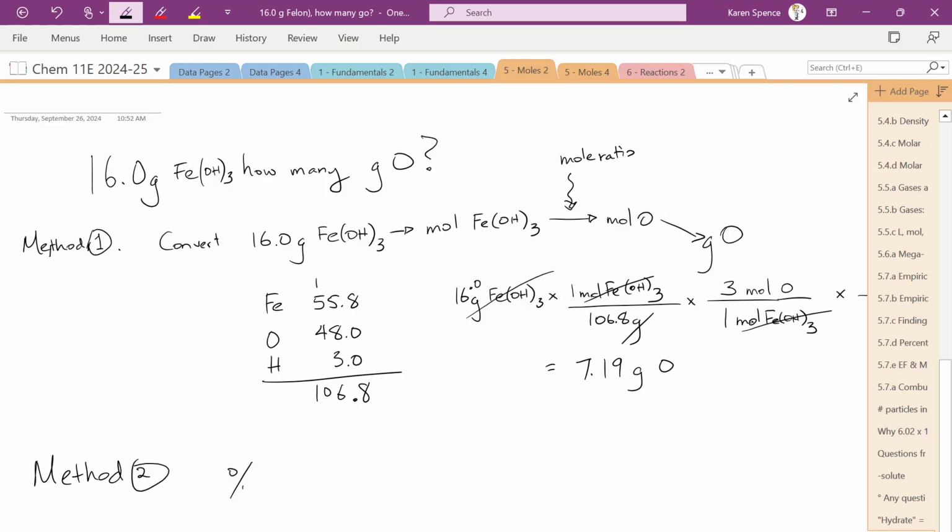So let's find our percentage of O. We have 48.0 divided by 106.8.